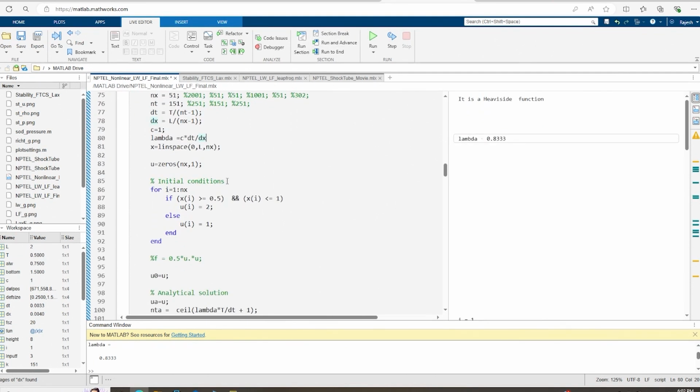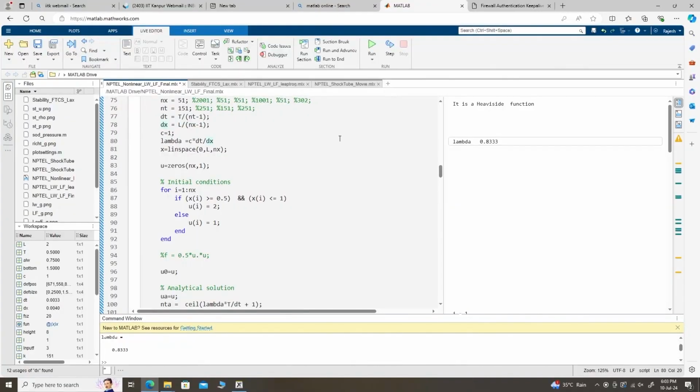Remember, this is now a nonlinear problem. So for a given CFL your delta T is not constant, it is changing. If you use the same delta T as you calculated earlier, it might blow up because u plus c may become very high. So, just run it.